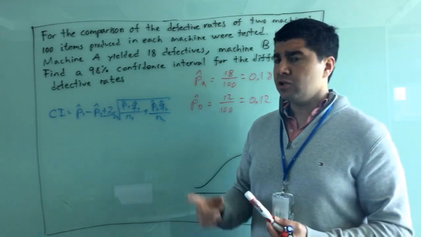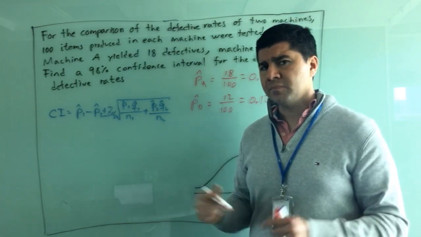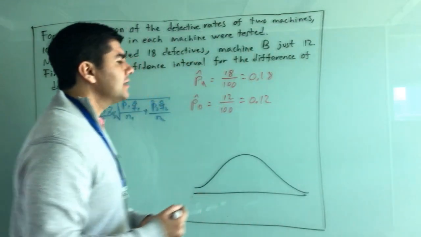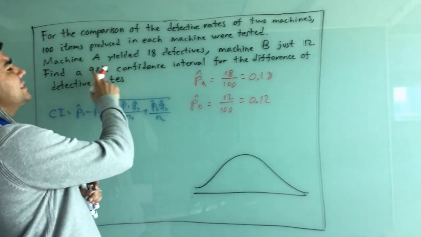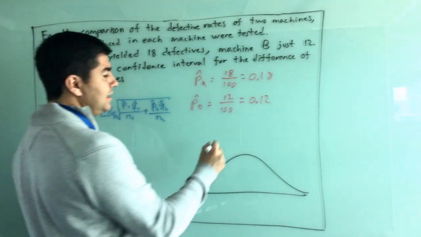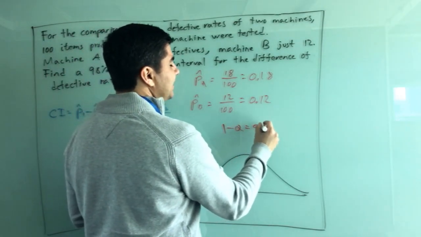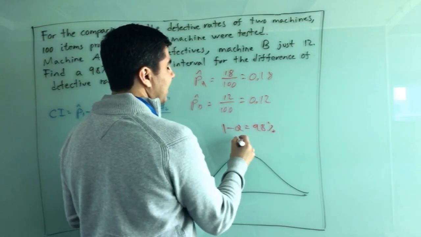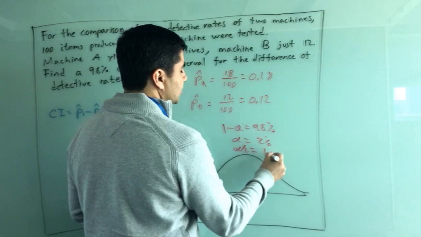Let's substitute the values, but first we need to find what's happening with the confidence level. Let's repeat the same procedure as before. It is telling us that it is a 98% confidence interval. It means the confidence level 1 minus alpha is 98%. Hence alpha is 2% and alpha halves is 1%.